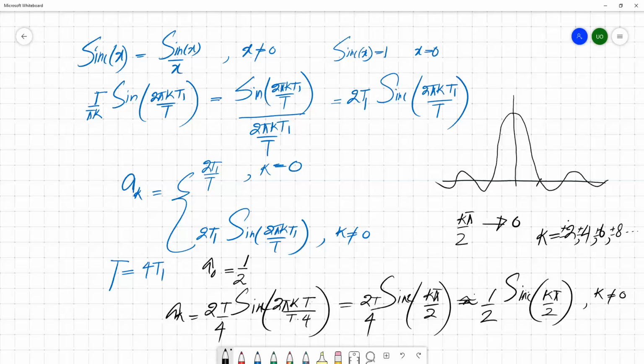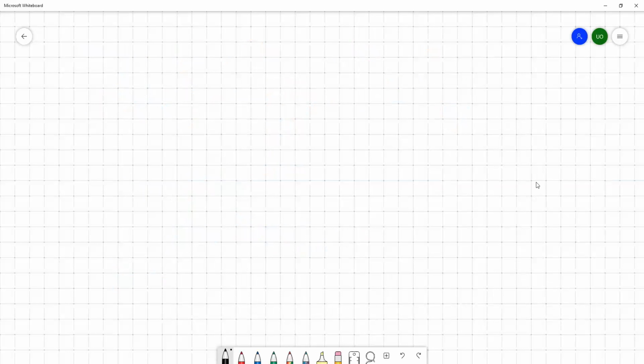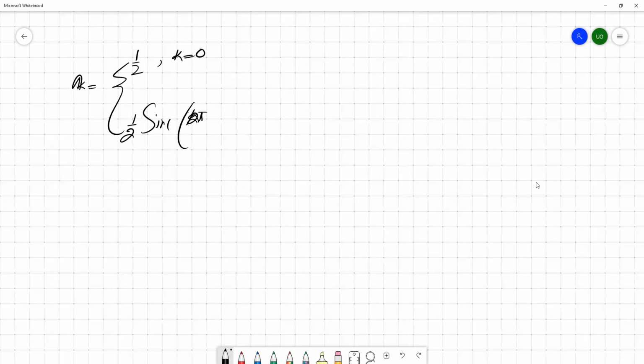So now we have a_k, which equals half at k equals 0, and half sinc of k pi over 2 at k not equal to 0.